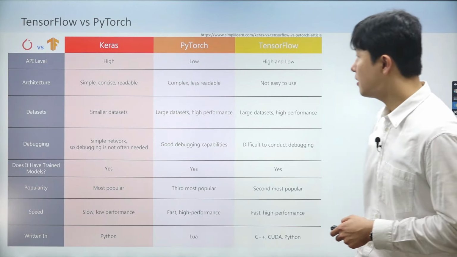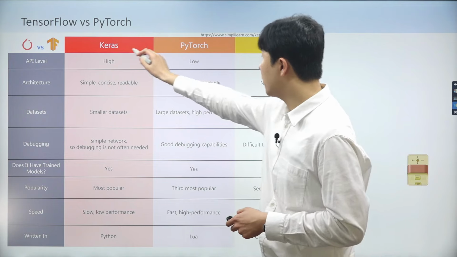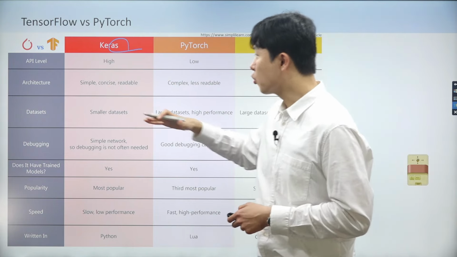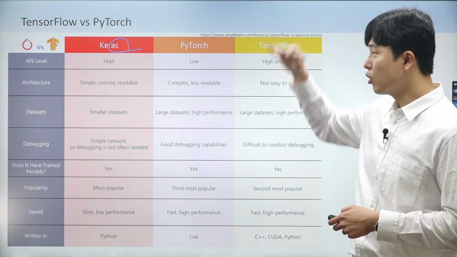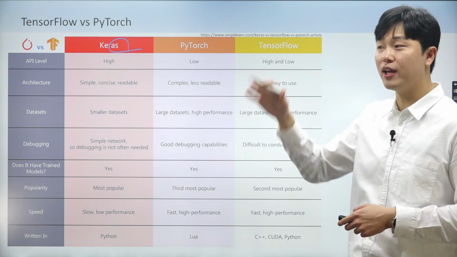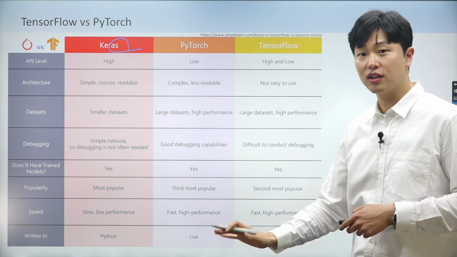To summarize the differences between Keras, PyTorch, and TensorFlow, API means the level of abstraction of the libraries. So high means it mainly deals with software, versus low means it deals with hardware.